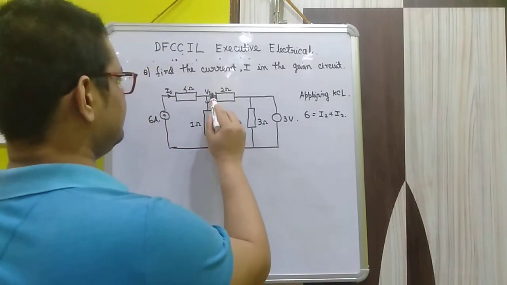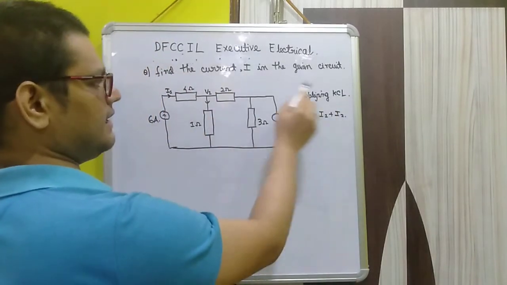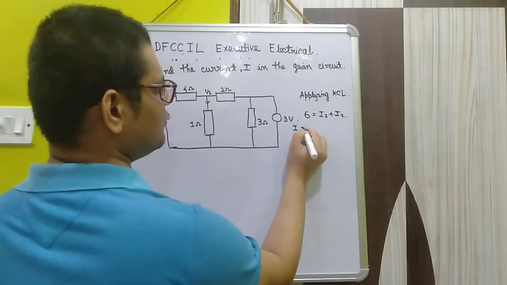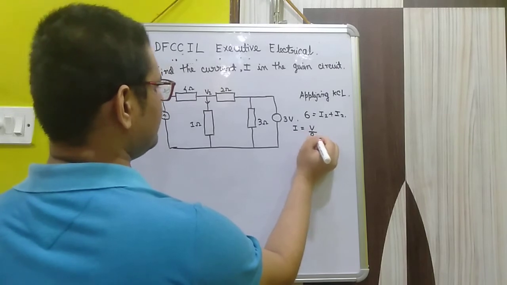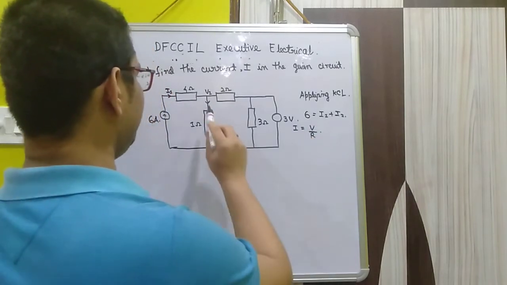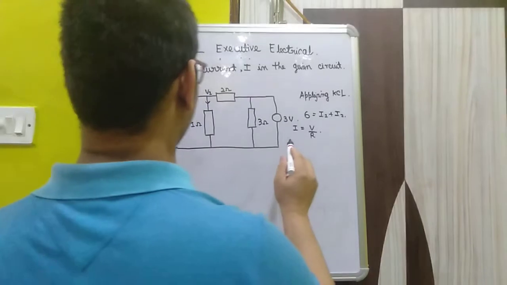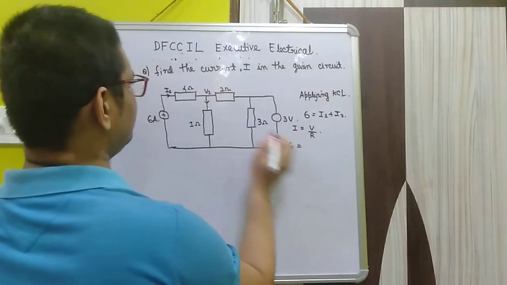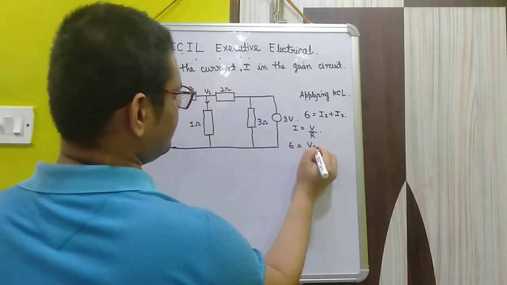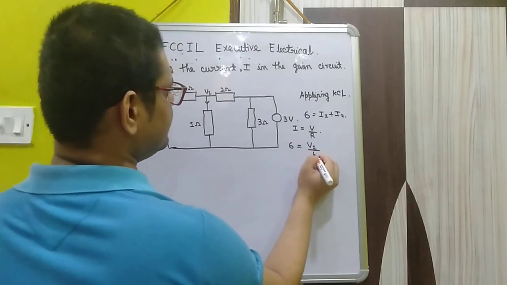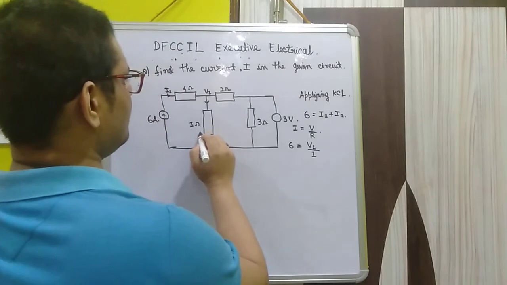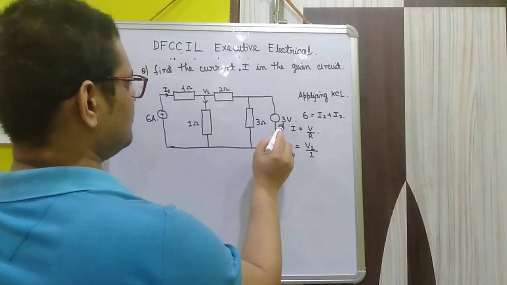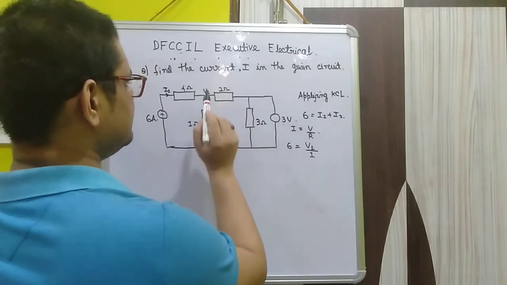Now I think it is very clear how we can apply the KCL to solve this circuit, and we know that I is equal to V by R. So 6 will be there, I1 will be nothing but V1 by R, that will be the resistance, 1 ohm. And now here is another voltage source, that is 3 volt, and this is V1.